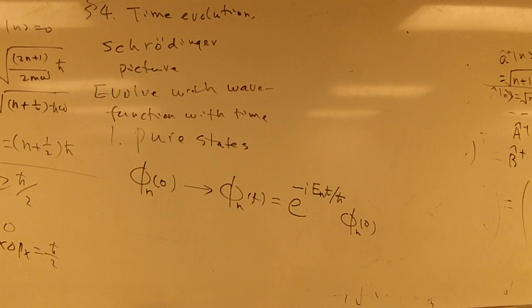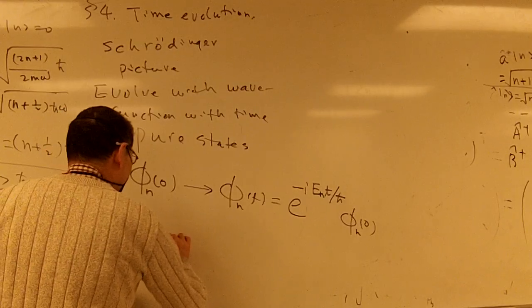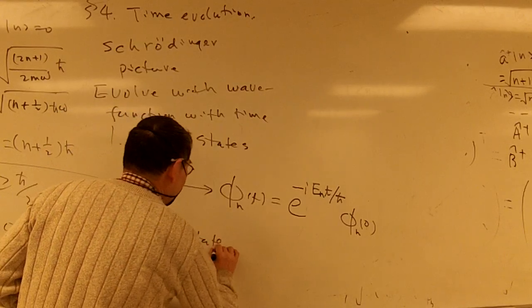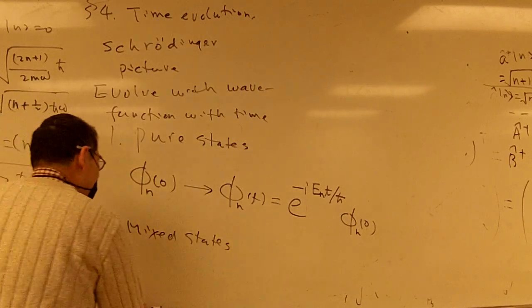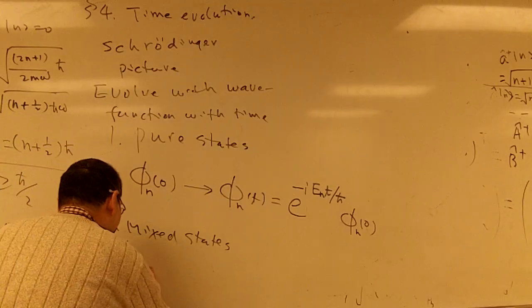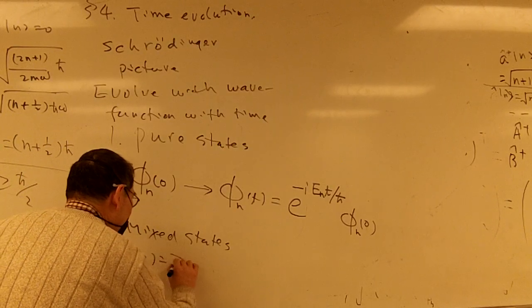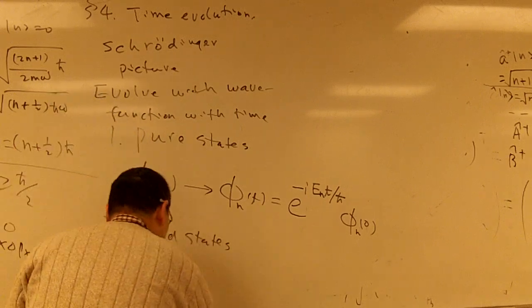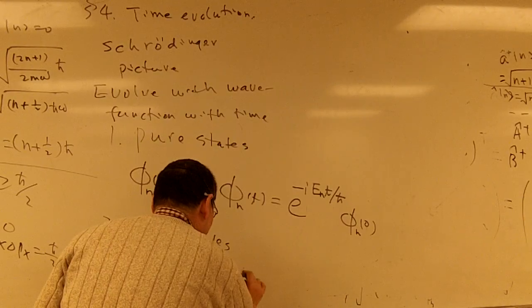And now for the mixed state. For the mixed state, this is just a superposition. I'm not going to do the phi now, I'm going to do the psi, because that's a mixed state. So at t equals 0, suppose you have some kind of a combination of these other states like this.